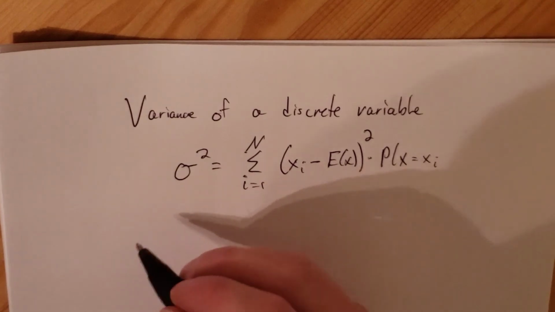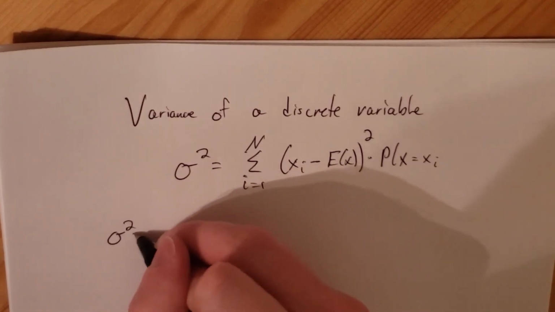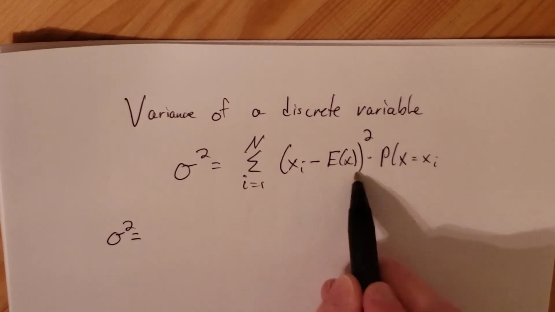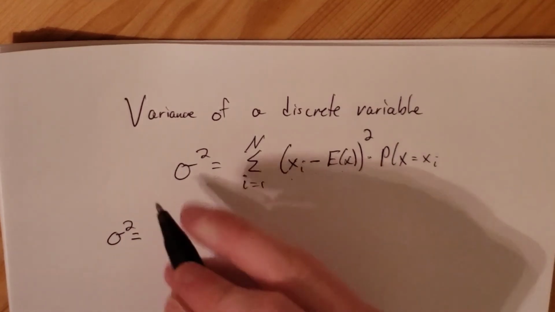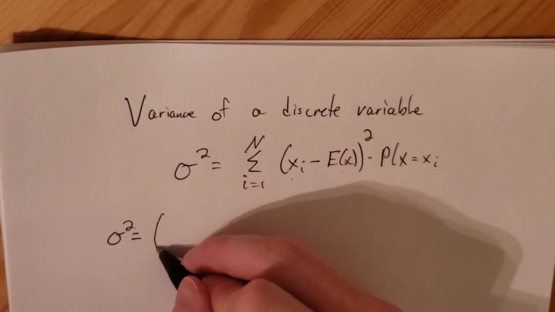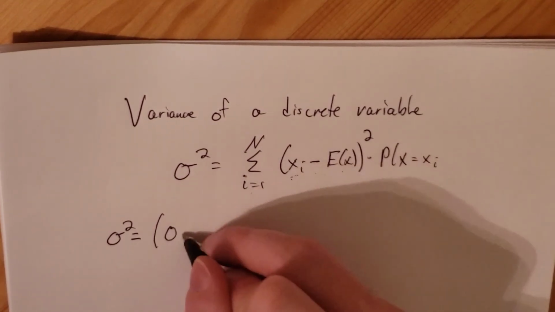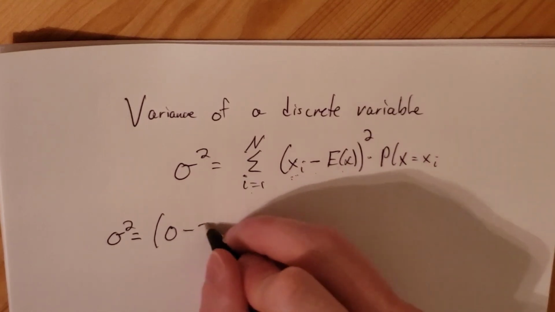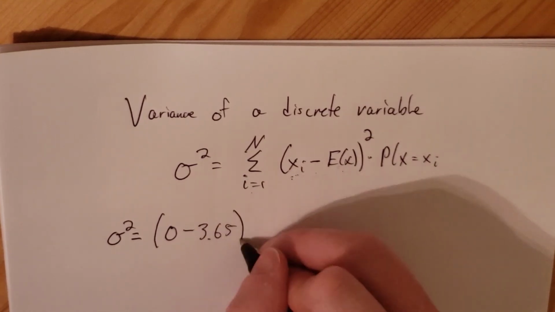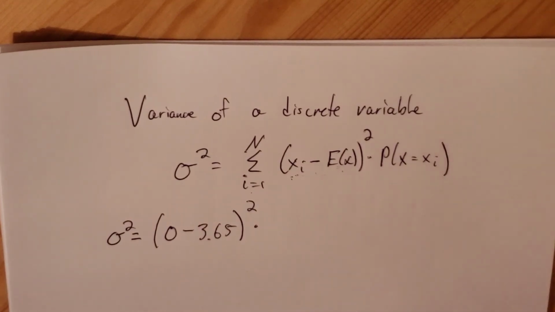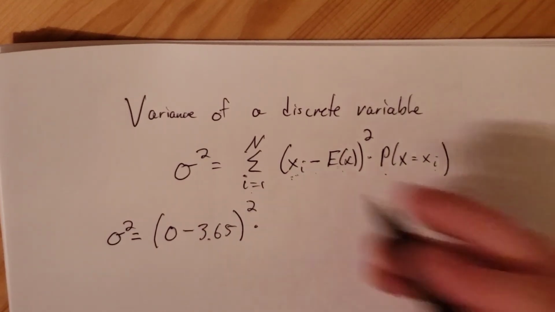Now, how do we calculate that? Let's go ahead and start this calculation. Maybe we'll go ahead and write it all out as well. So this first part is x sub I minus E of x. So x sub I for I equals 1 was 0 minus our expected value, which was 3.65, so we just calculated. We square that, and we need to multiply this by the probability of x sub I occurring.